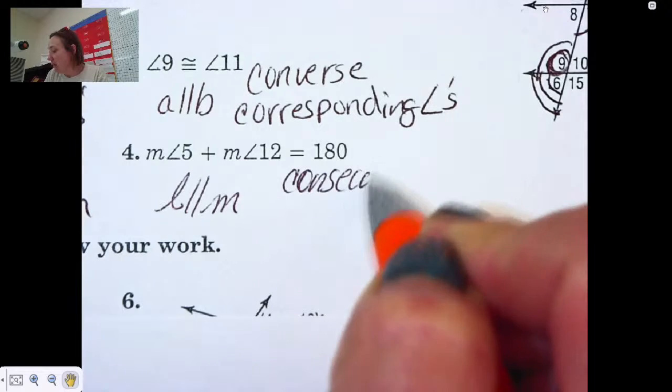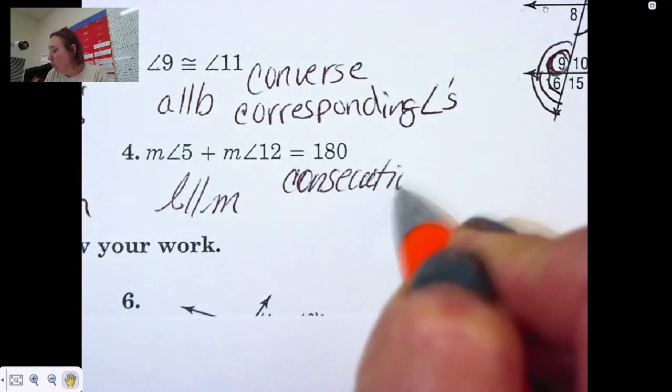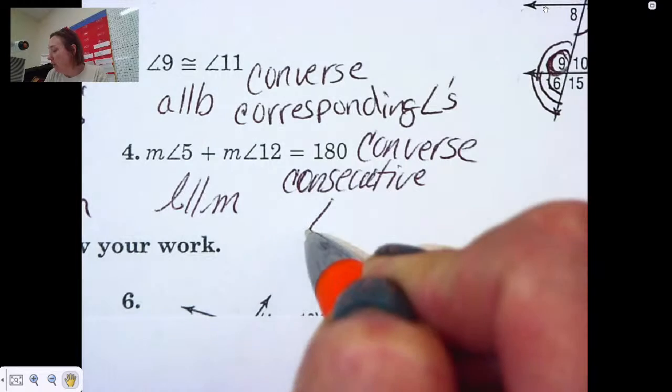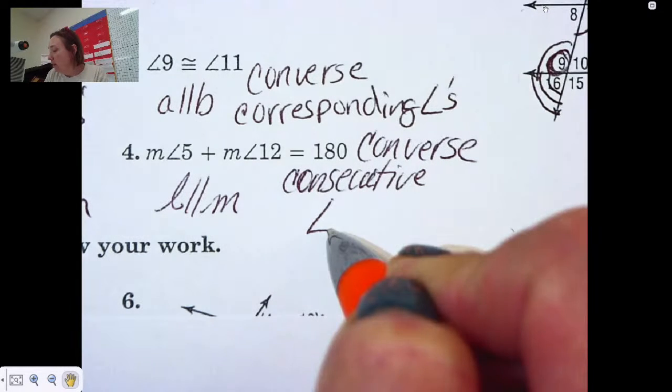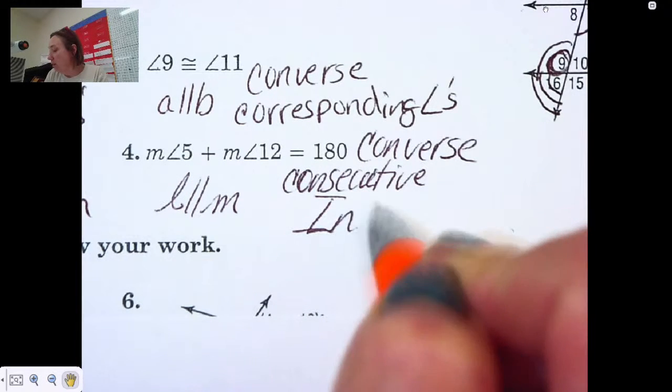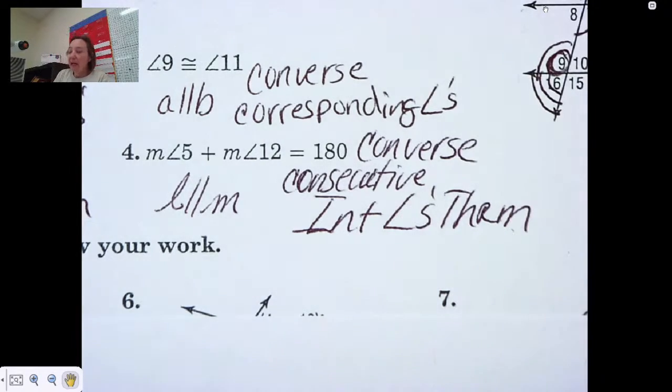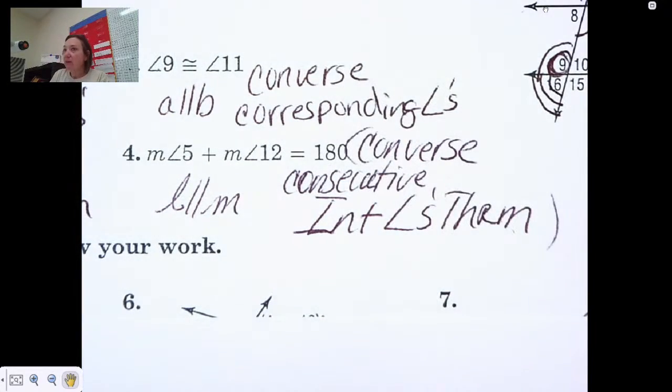Converse of consecutive interior angles theorem. Right? And like Preston and I were talking, all of these are going to be converse because we're working backwards on all of them. We're starting with the information about the angles and going back to saying that the lines are parallel.